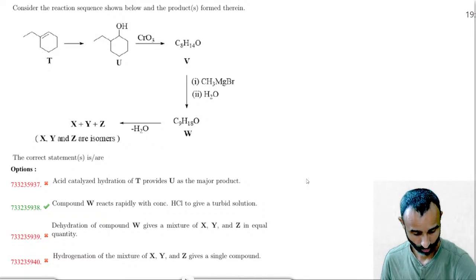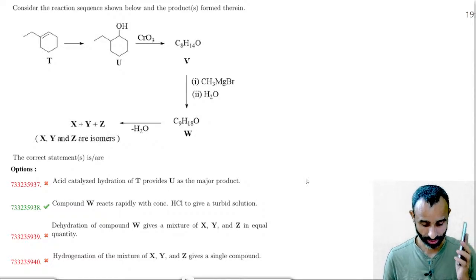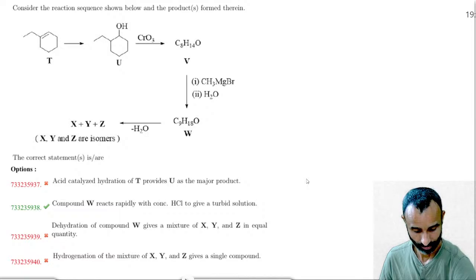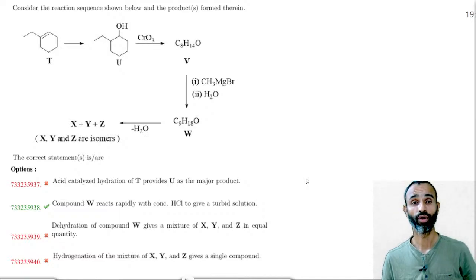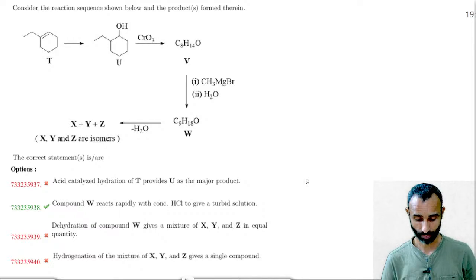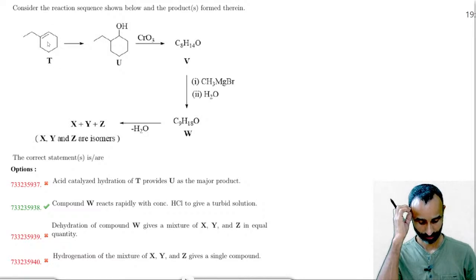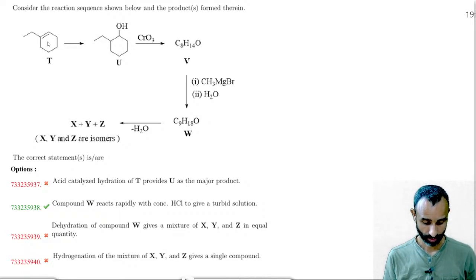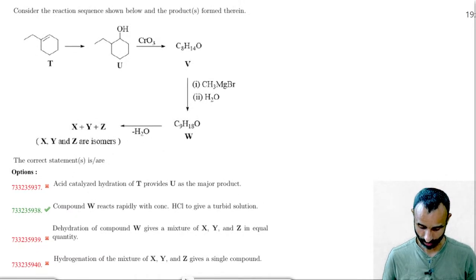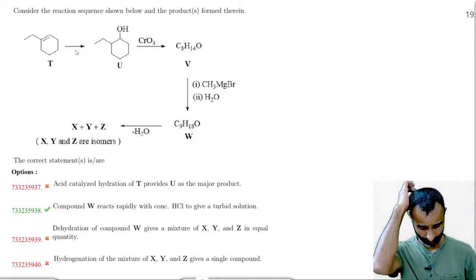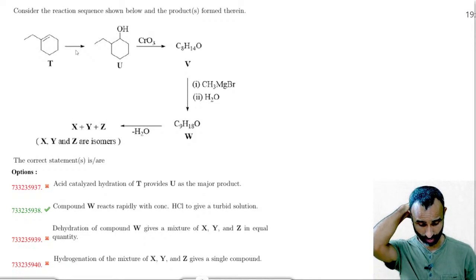So now next is: choose the reaction sequence shown below and the product formed therein. So in the first case, see, we have a double bond O. It is not an addition of double bond O. What do we use?